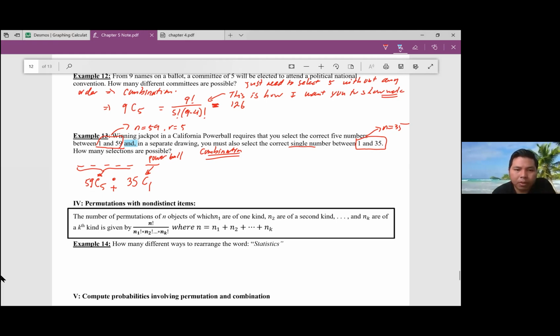There we go, multiplication. So 59 factorial over 5 factorial times 59 minus 5 factorial, multiplied by 35 factorial over 1 factorial times 35 minus 1 factorial.